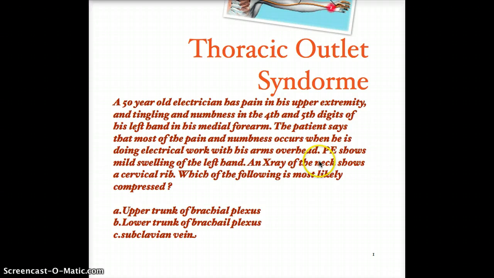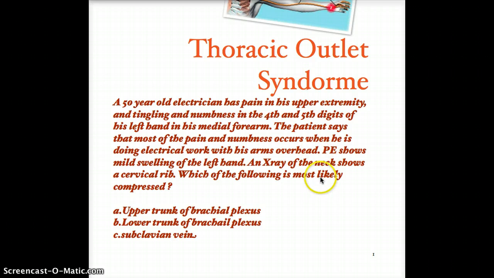Whenever you have to raise your arms above your head and do any kind of work, and you have pain and numbness in your arm because of that, I automatically think thoracic outlet syndrome, and I also think maybe there is a cervical rib, maybe there isn't. But so far I'm thinking thoracic outlet syndrome.